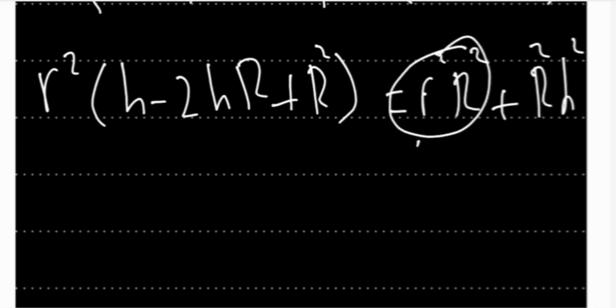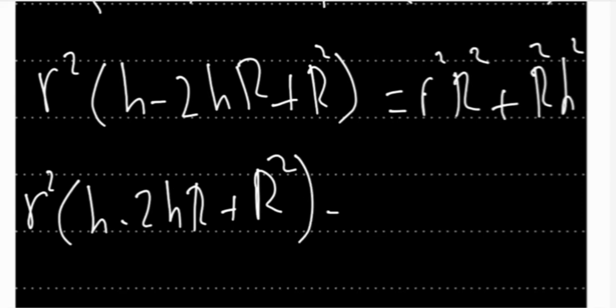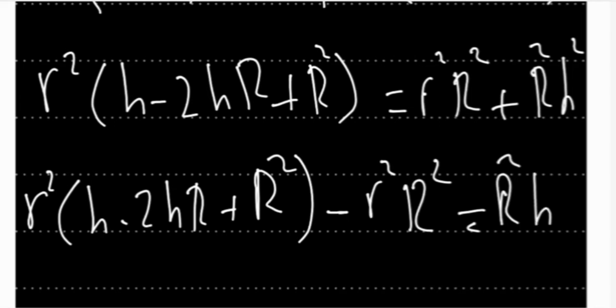Now this part over here will go to the other side subtracting, right? So we will have that r squared multiplied by H squared minus 2H big R plus R squared, minus r squared multiplied by big R squared, is equal to this part over here, big R squared multiplied by H squared.